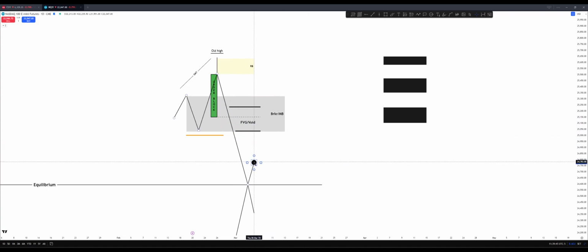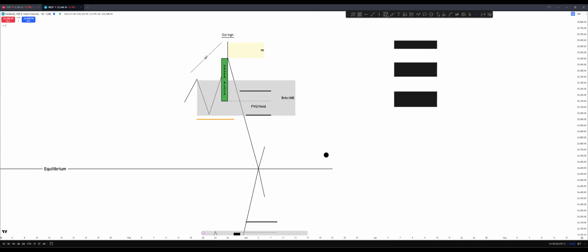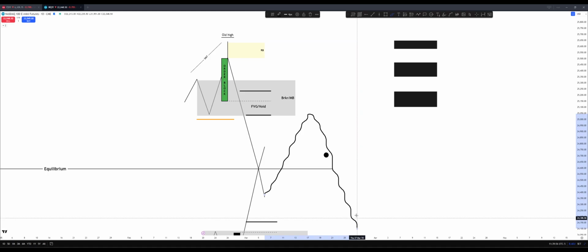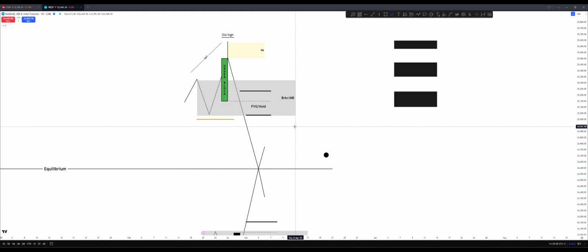So let's say this is price. The breaker and the void is a wall. Price won't leave you. If it does, it will come back and fill you and then continue lower. Without this formation, price won't leave you.